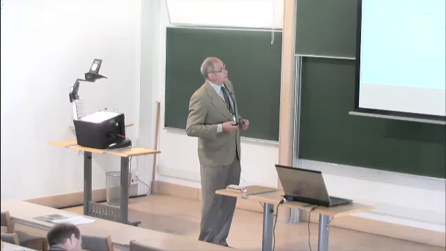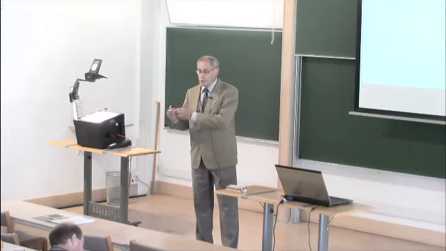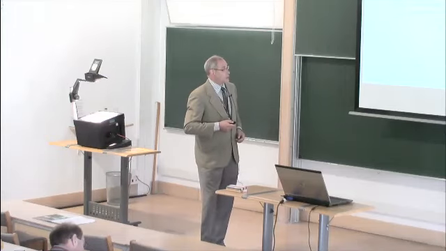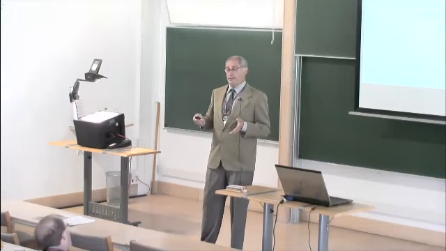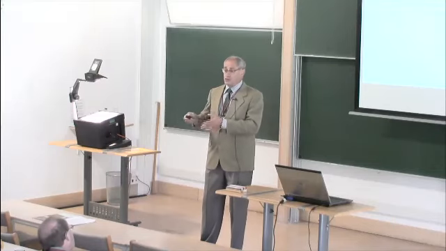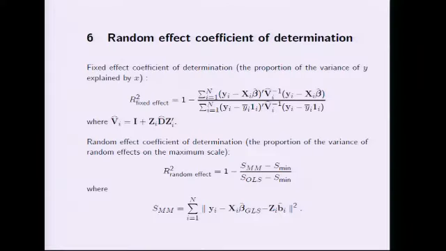So I suggest using this interpretation where S_MM is the residual sum of squares which comes from your estimation procedure. You subtract the minimum value the sum of squares may have, and this is when the b_i's are not random and you set them free. This is the definition I showed you before. And in the denominator, you have the difference between least squares, which assumes no random effect, right? You forget about random effects, minus S_min.